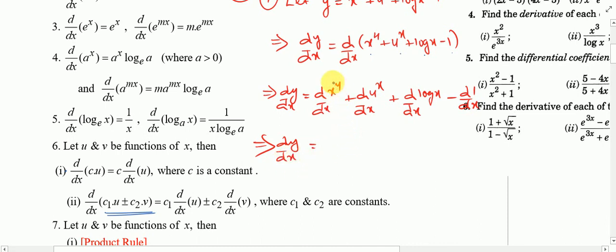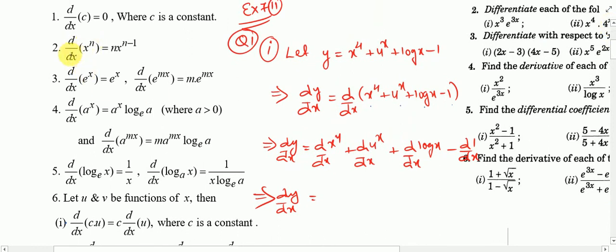Now we have a formula for x to the power 4 type, that is formula 2, so your answer is 4x to the power 3. Then for 4 to the power x, we have a formula for this type too, so we write 4 to the power x into log 4 to the base e.